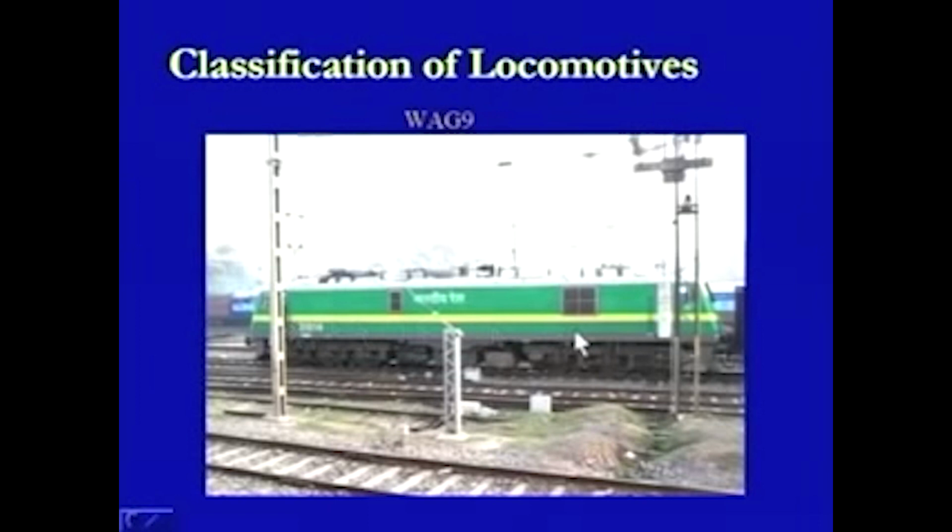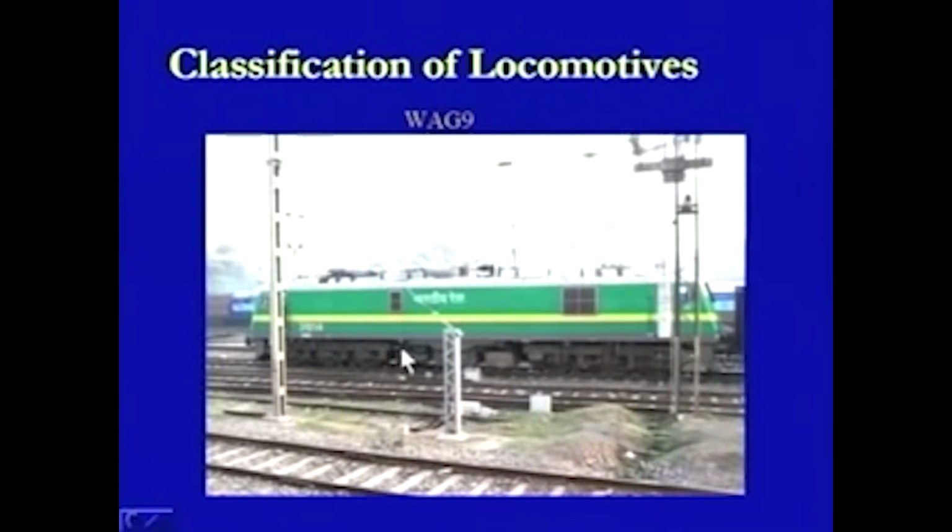Similarly, we will look at another type of locomotive. This locomotive is WAG9. This WAG9 means it is for goods traffic now. G is for goods traffic, and here again there is one number given. This is 31014. That means it is the 310 series, in which this is the 14th locomotive produced.